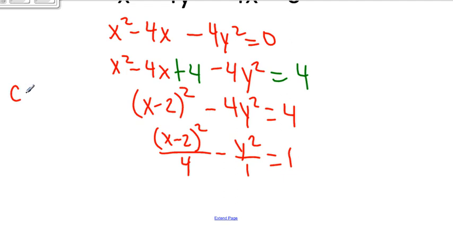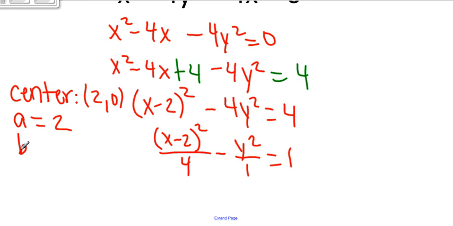So our center is going to be 2, 0, because there's nothing next to that y. And then our a is going to be the square root of 4, which is 2, and our b is going to be 1. Now in this case, if we wanted to find the c like we did on the ellipses, it's no longer minus, it's a plus.